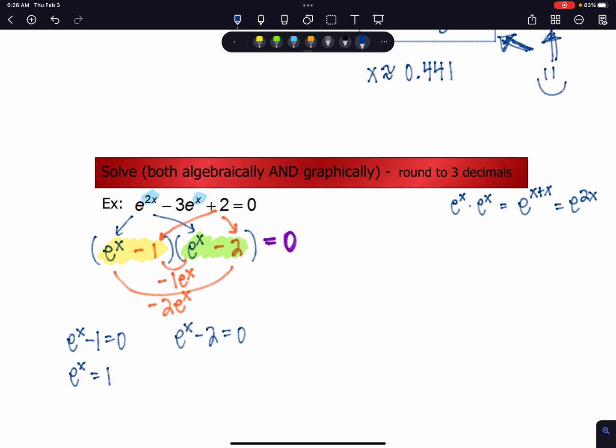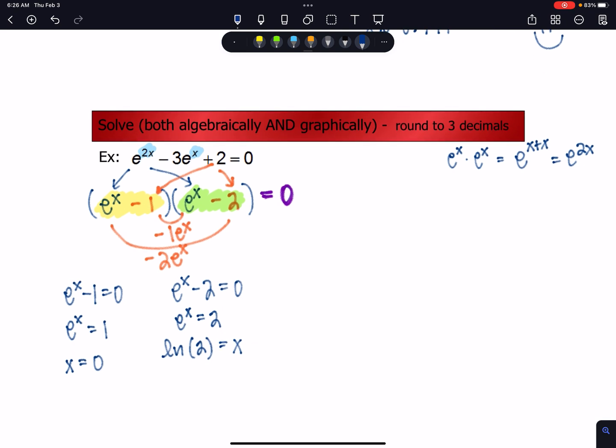That I can do without a calculator. x has to equal 0. This second one, e to the x equals 2. So I've got log base e, which is the natural log of 2, equals x. So my two answers here are x equals 0 and the natural log of 2. Those are exact answers.